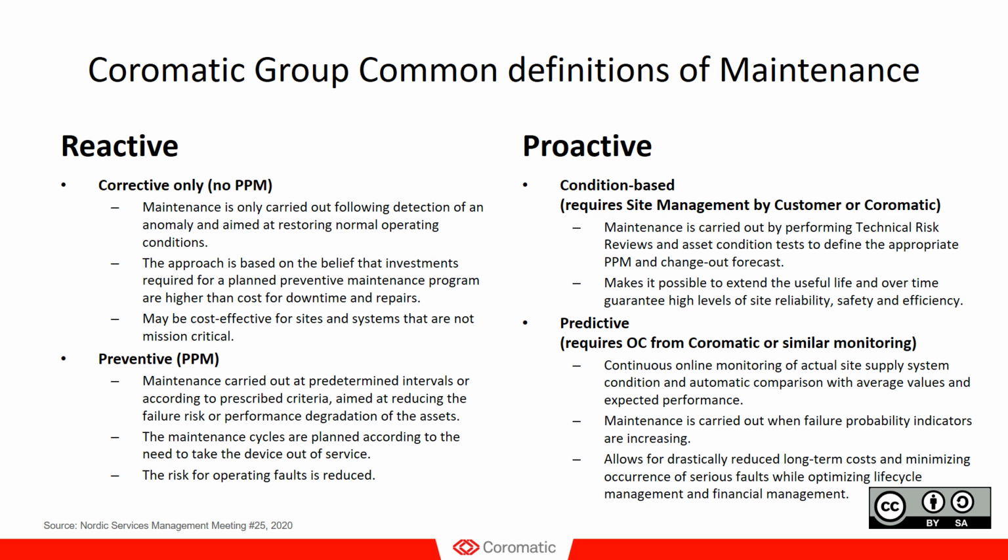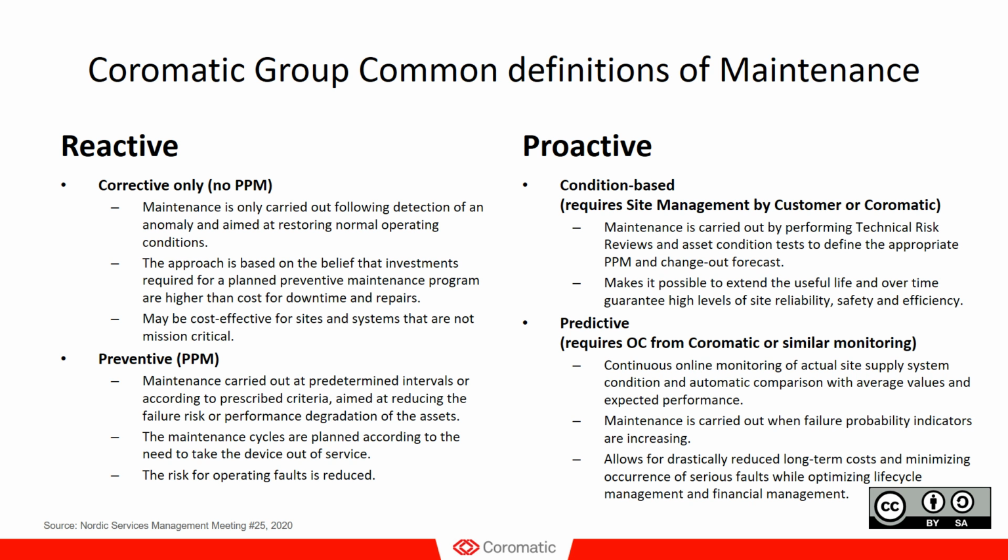So if you have corrective maintenance only and no planned preventive maintenance, you only carry out maintenance activities if you detect an anomaly or a problem so that you can restore to normal operations. The idea here is that by avoiding planned maintenance and only repair or replace assets as they break down, you will minimize your costs through only replacing when actually needing to replace them.